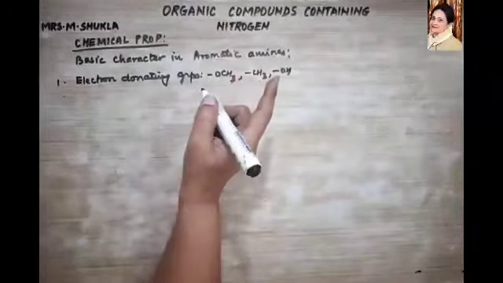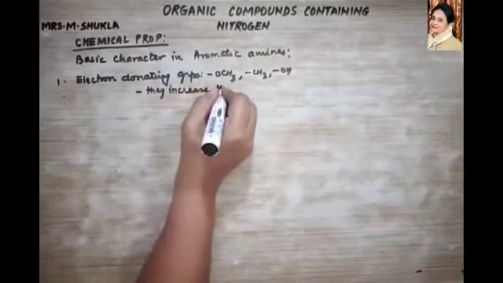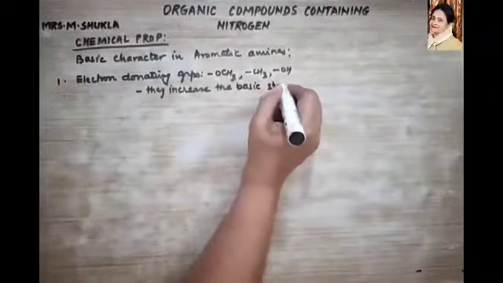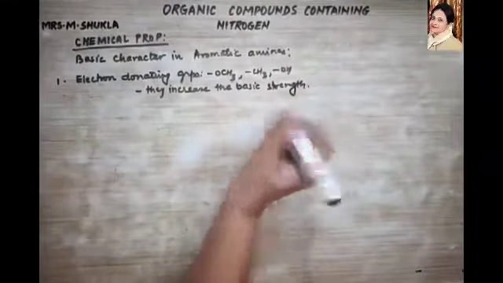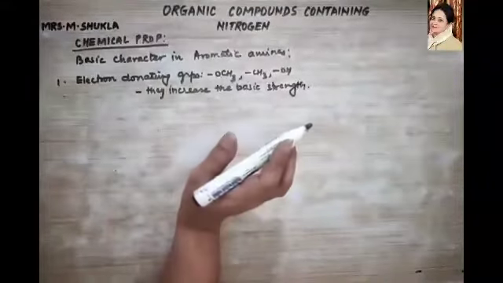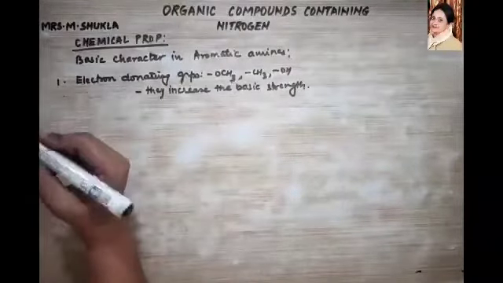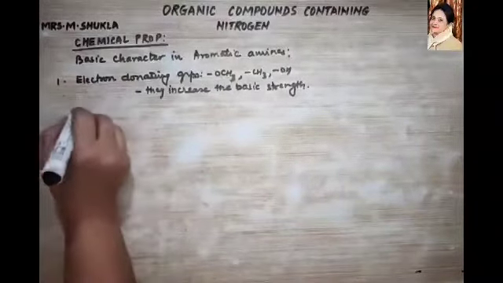They always increase the basic strength. Always remember, the electron donating groups always increase the basic strength. Whereas what about the electron withdrawing groups?